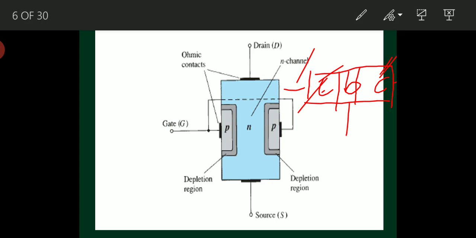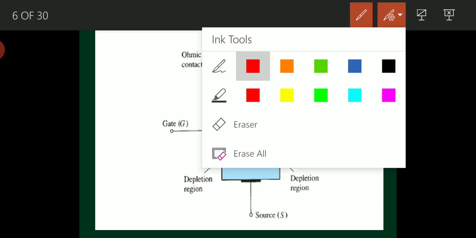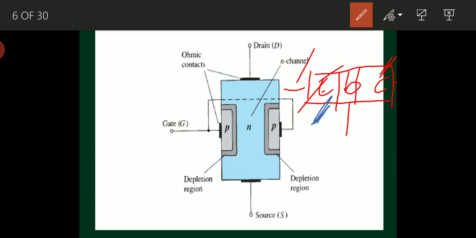Because emitter cannot work as a collector, and collector cannot work as an emitter. Why? Because there is a difference in doping concentrations, and also width. Emitter is highly doped.